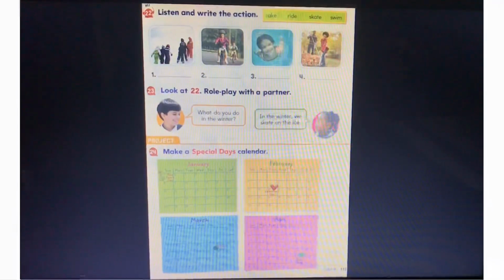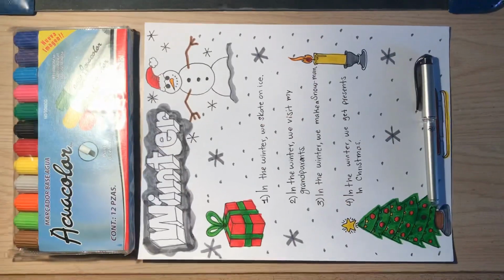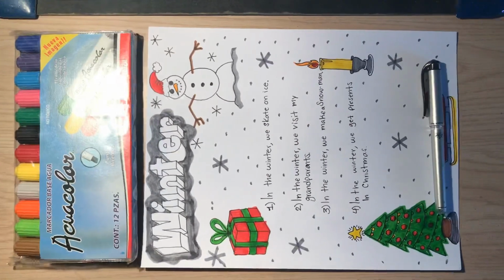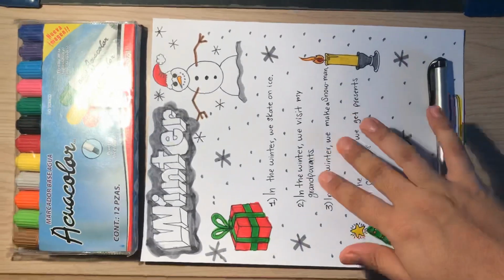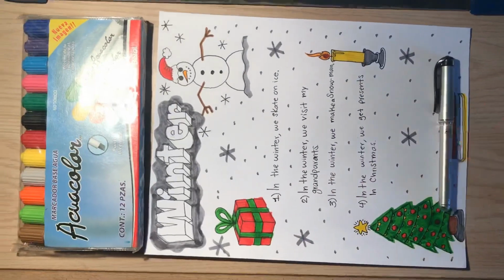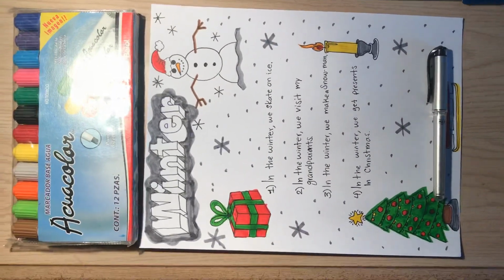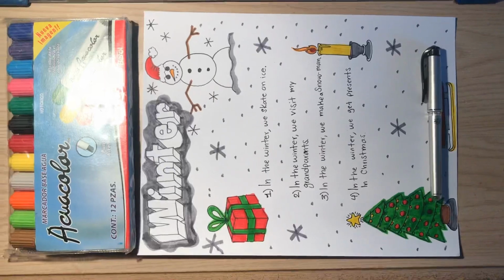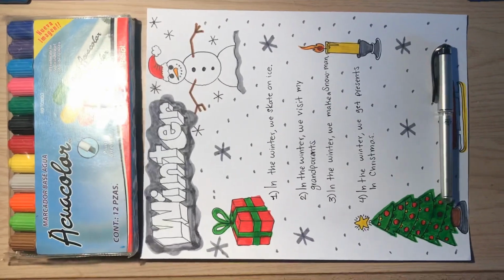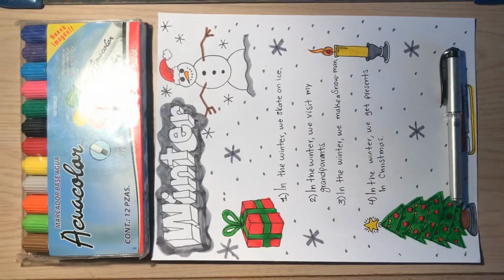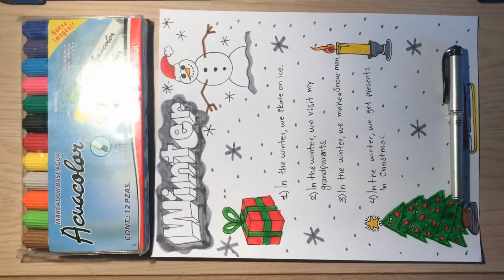Now, follow me to our project. For today's project, you will need a sheet of paper, a pen or a pencil, and as always, your favorite colors. Today, we will be focusing on one of the 4 seasons of the year.